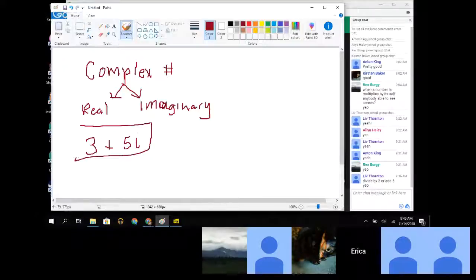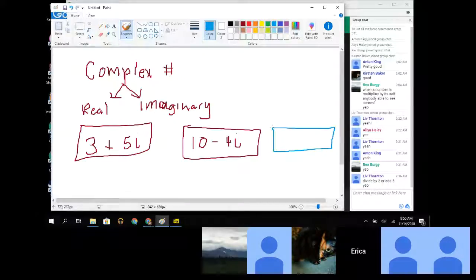This is a complex number. It has a real part and an imaginary part. You could also have 10 minus 4i. Also a complex number. We could have negative 5 plus i. Also a complex number. Those are complex numbers. They have a real part, so the 3, the 10, the negative 5, that's the real part. And then they have an imaginary part because you have your fancy i in there.